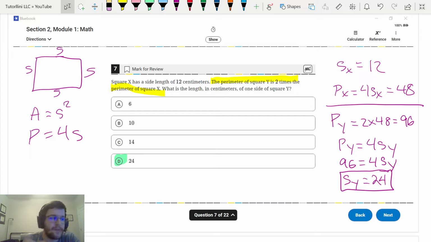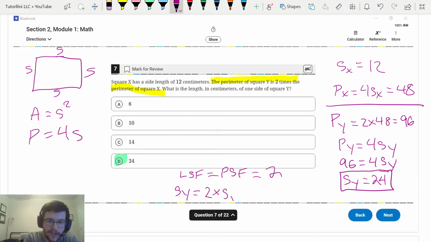So the linear scale factor and the perimeter scale factor are equal. That's just true for similar shapes. So the perimeter scale factor is 2, so that means the linear scale factor is 2. So sy is just equal to 2 times sx, which is equal to 2 times 12, which is 24. So that was another way to do it.